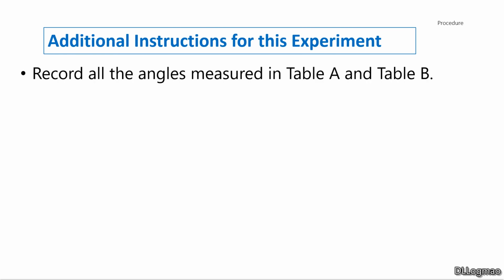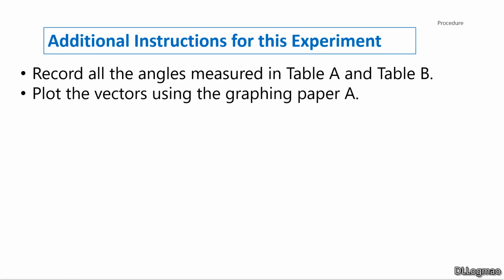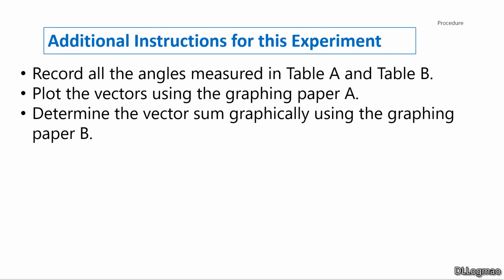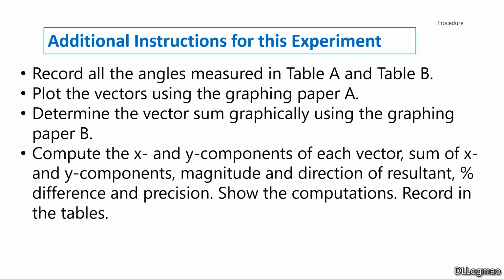For additional instructions for this experiment, record all the angles measured in Table A and Table B. Plot the vectors using the graphing paper A. Determine the vector sum graphically using the graphing paper B. Compute the x and y components of each vector, sum of x and y components, magnitude and direction of the resultant, percent difference, and precision.